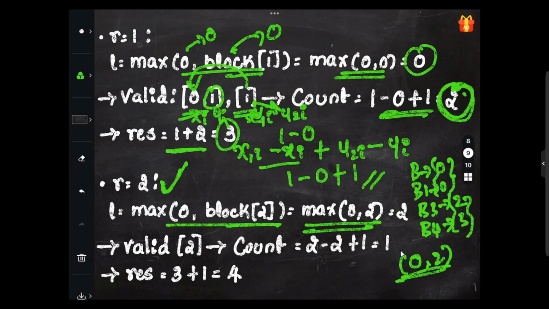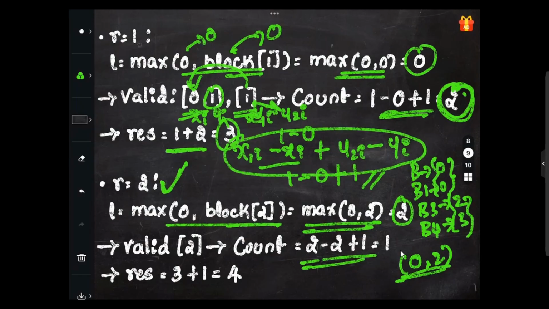For now, we are calculating when r equals 2, max of 0 comma 2 will be 2, and valid of 2 equals count of 2 again. As we are dealing with the intervals, this will be 2 minus 2 plus 1. So the result here will be 3 plus 1.